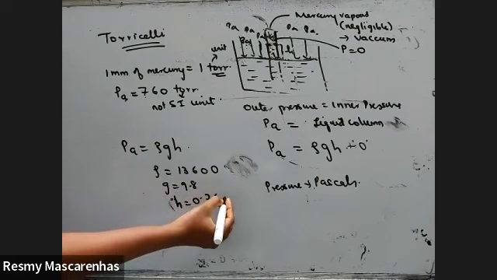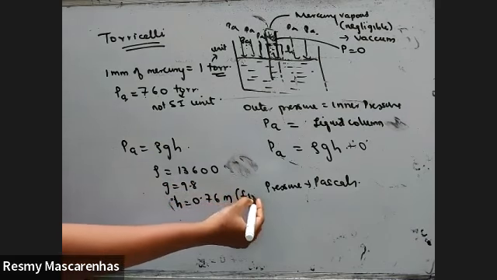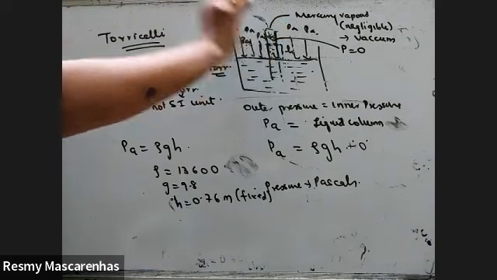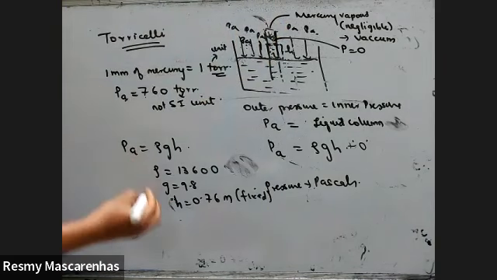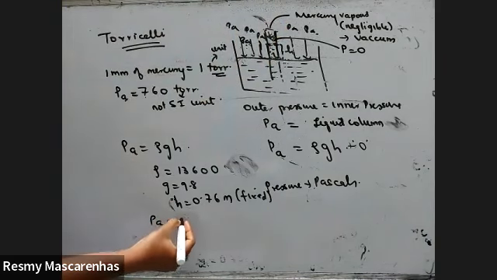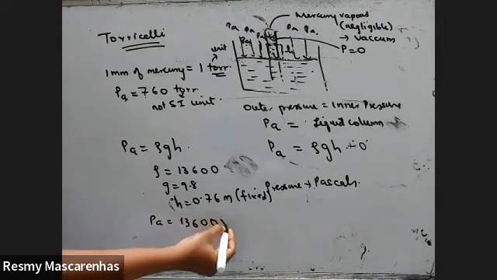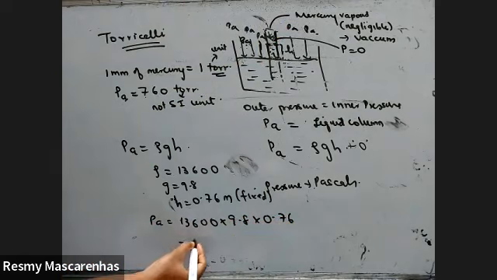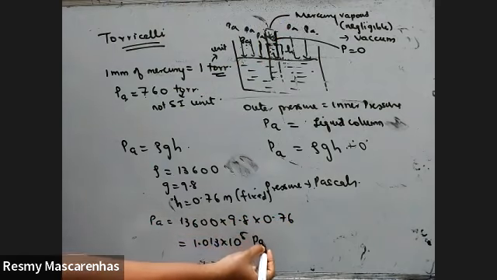He got this as a fixed term. Every experiment, no matter which tube he used, he always got this h fixed. So substitute here. It turned out to be 1.013 into 10 raised to 5 Pascal.